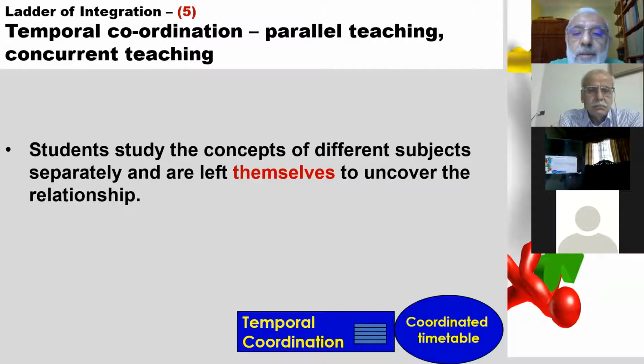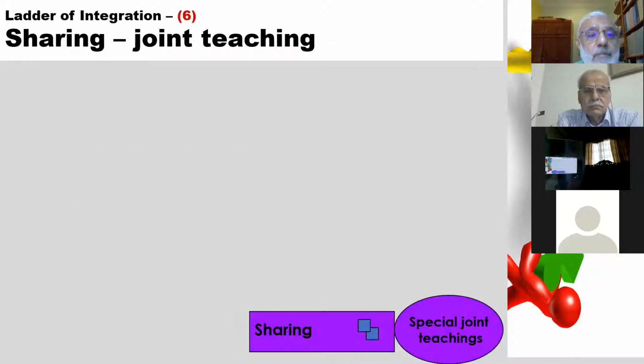Students study the concepts of different subjects separately and are left themselves to uncover the relationship. So although the timetable is coordinated, the subjects are being taught in parallel, but what is the relationship between the subjects, the students have to understand themselves.